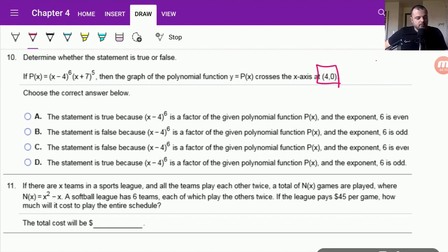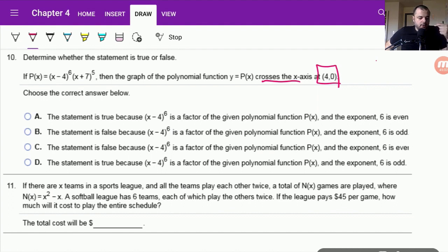What does it mean that it crosses the x-axis? We have 2 points here actually. Crossing the x-axis and the point. Does this p of x cross the x-axis at this point (4, 0) or no?